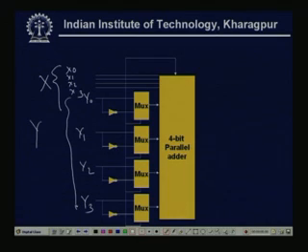Now, notice here we have given 4 multiplexers and the inputs are either y0 or y0 complement. Similarly, either y1, y1 complement, y2, y2 complement, y3, y3 complement.